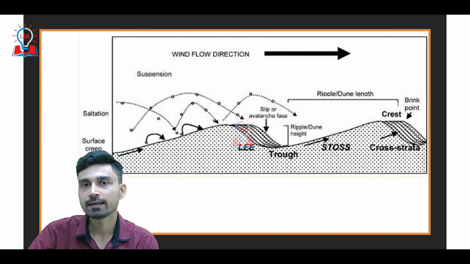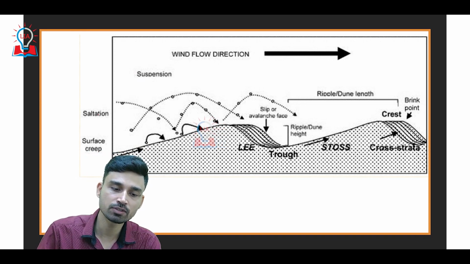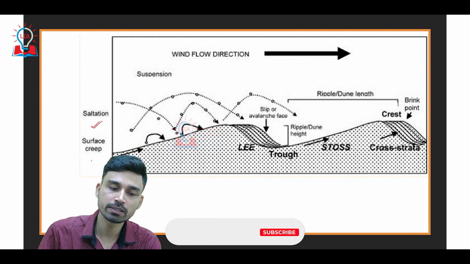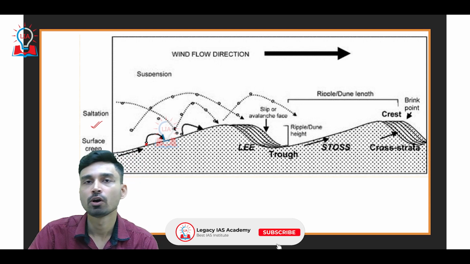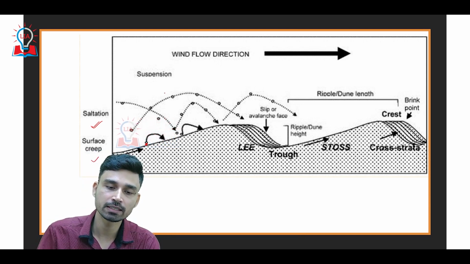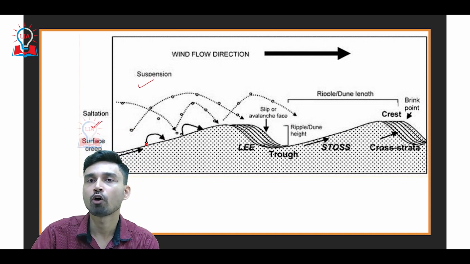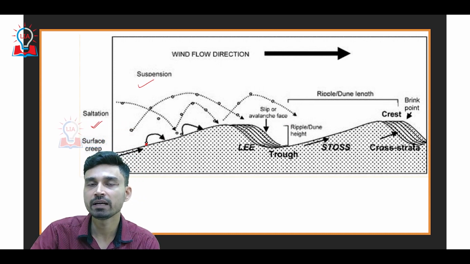Also, to understand how depositional work is happening in the desert areas, we have discussed that three major types of movements are there through which sand particles or rock fragments move. These are suspension, when the materials are blown away by the wind while suspended in the atmosphere because they are very minute in size.